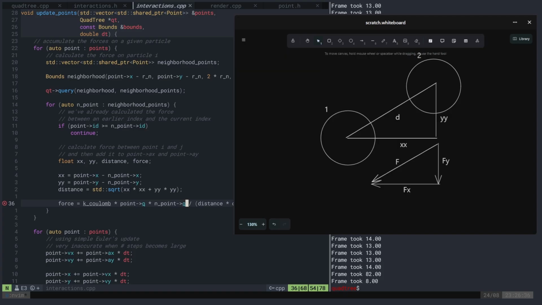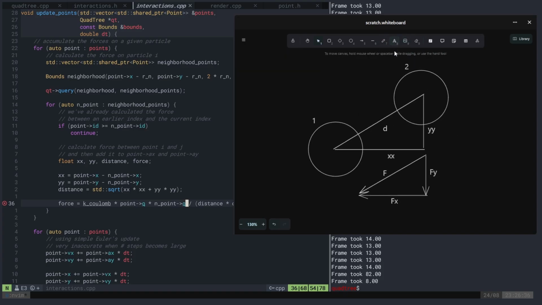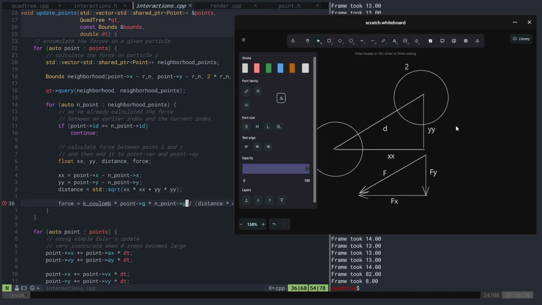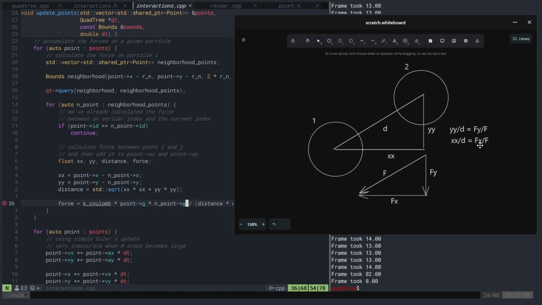Since these are similar triangles, we can equate the two triangles and say that yy over the distance is the same as Fy over F, like so. Let me just make this bigger. And similarly, xx over the distance is going to be Fx over F. We'll have to be careful about the signage, depending on which direction things are going.